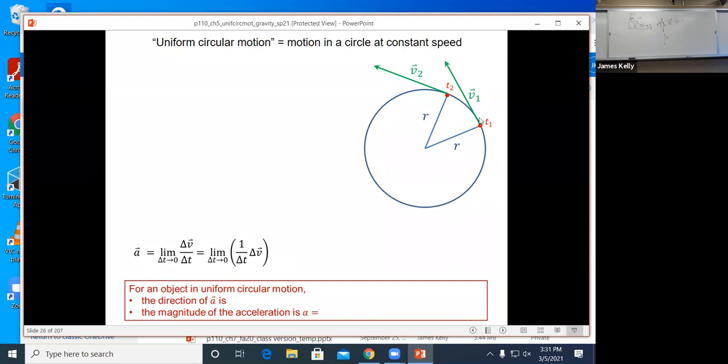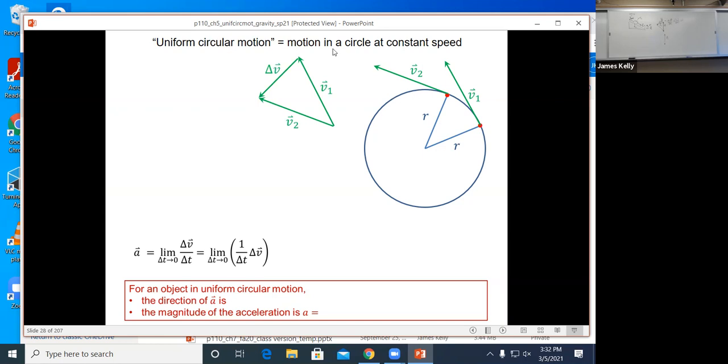Here's time 1 here, here's time 2 here. It's going at a constant speed, so those are supposed to be the same length vector. They're pointing in different directions. And if I wanted to know the direction of delta v, we do the construction we just did, right? Put their tails at the same place, draw delta v from the earlier tip to the later tip, right?